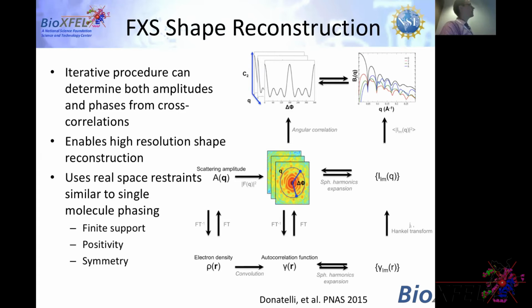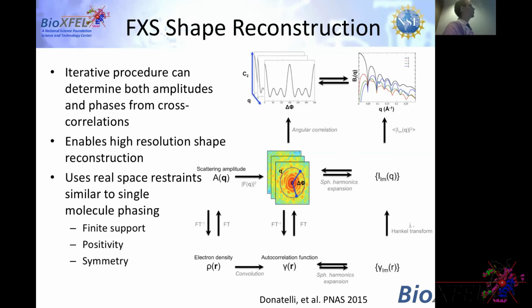The idea is that you have your diffraction profile as a sum of single molecule diffraction patterns, and you compare the scattering at different angles. And so you have a function essentially of intensity of Q versus Q prime, I guess you could say.